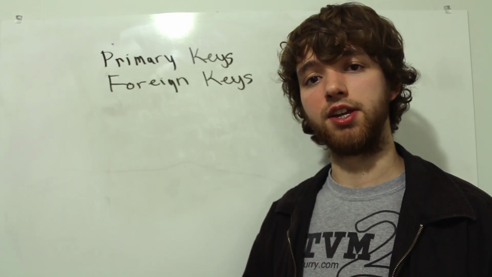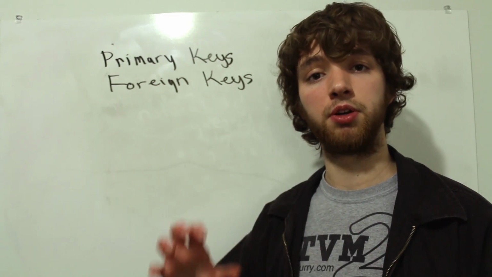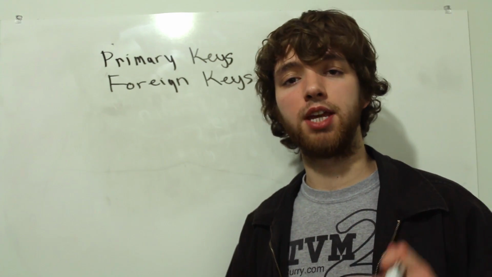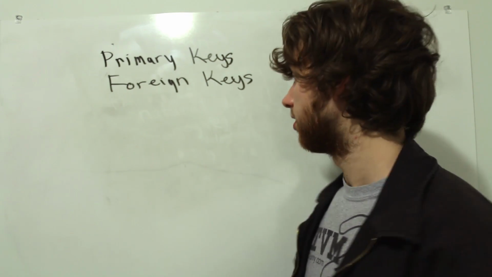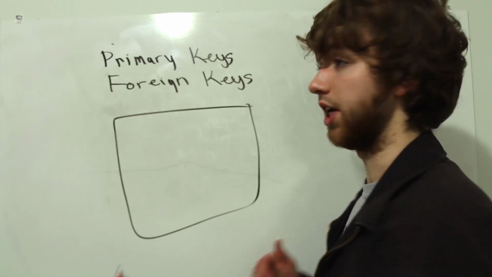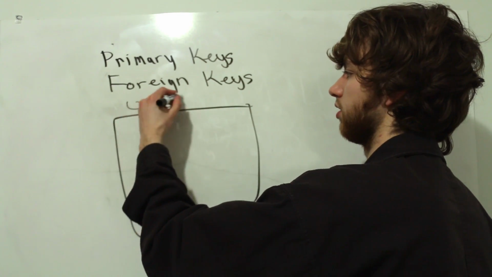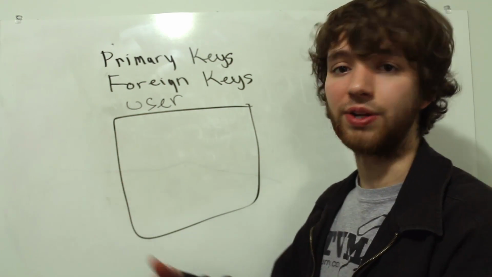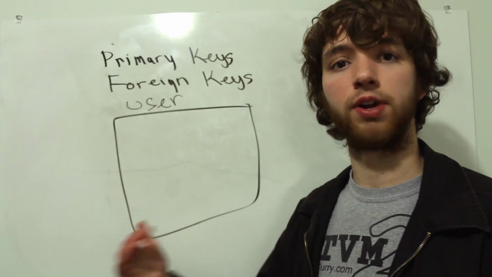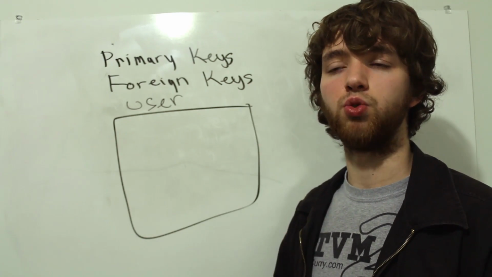The primary key is the key column within a table that makes every row in that table unique, right? So if you have a users table for a website, every single user is going to have, in this case, a surrogate key of a random generated number. That makes every single row unique.